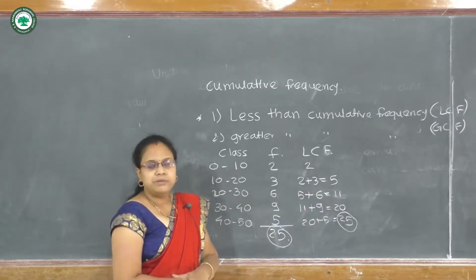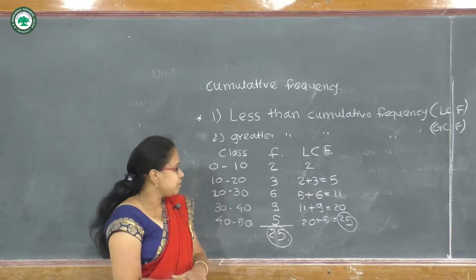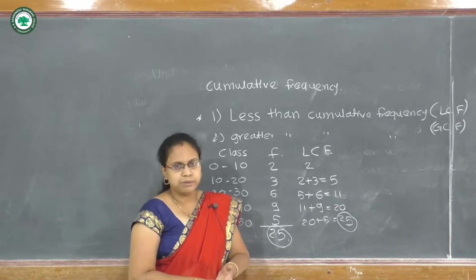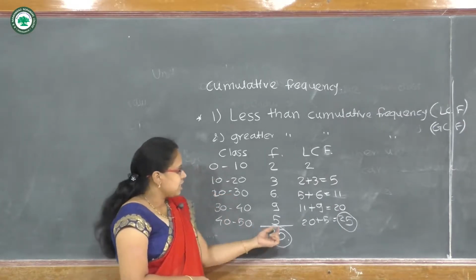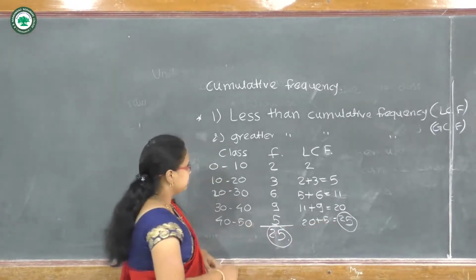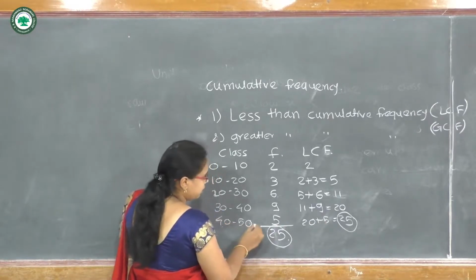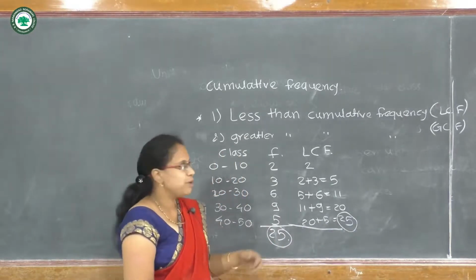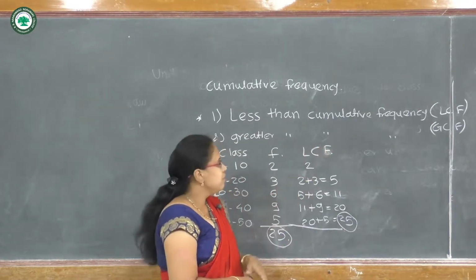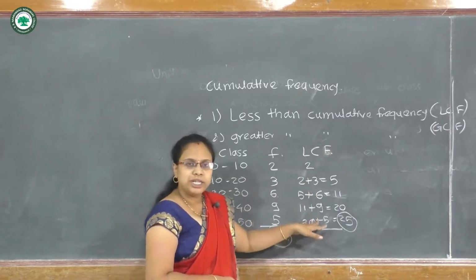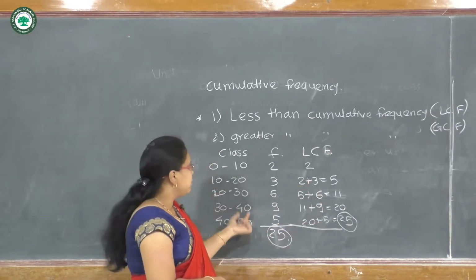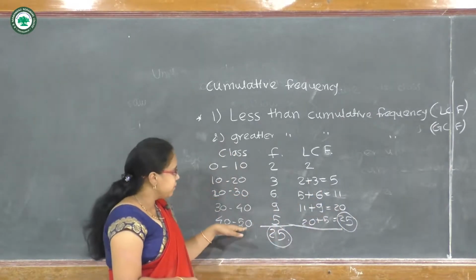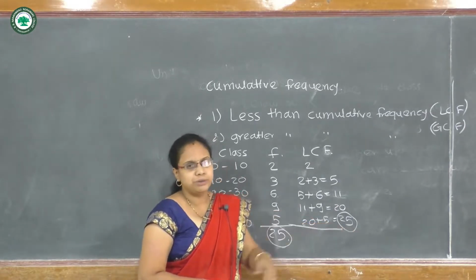Or if we are asked to obtain the number of students who have got marks above 40, then for above 40 we have to calculate the greater than cumulative frequency. This type gives only the below number. So below 40 there are how many students? There are 20 students, and below 50 there are all, that is 25 students.